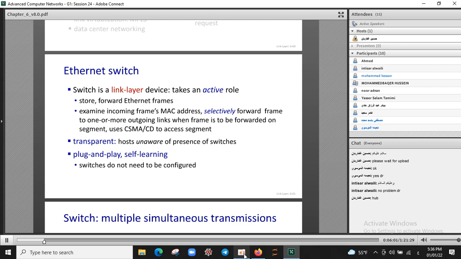It will receive Ethernet frames, check them, and forward them to other ports. And in those frames, we have MAC addresses, so the switch is capable of sending those frames.